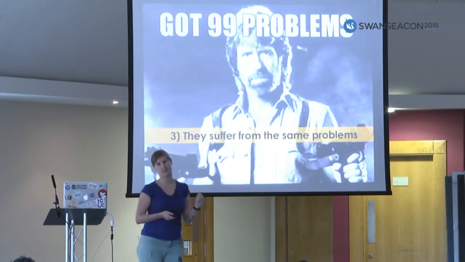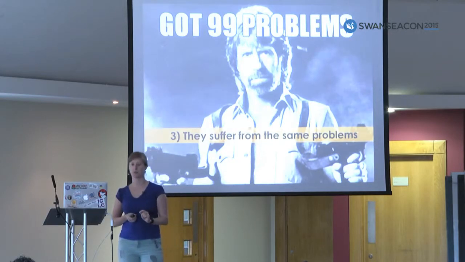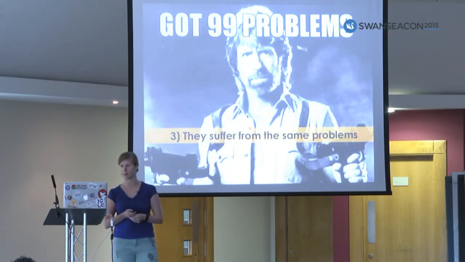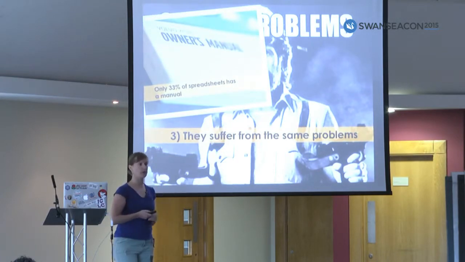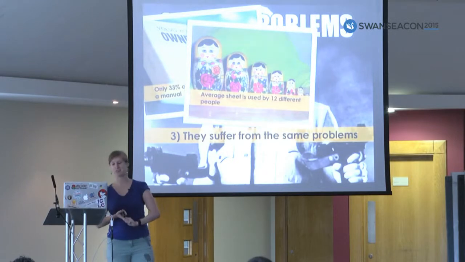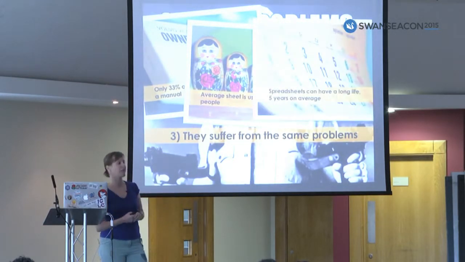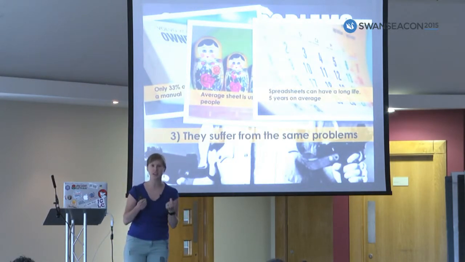The third reason that spreadsheets are really pieces of programming is they suffer from typical software engineering problems. For instance, only 1 in 3 spreadsheets have documentation. An average spreadsheet is used by 12 different people over an average lifespan of 5 years. Does that sound familiar to you? It's just like source code.